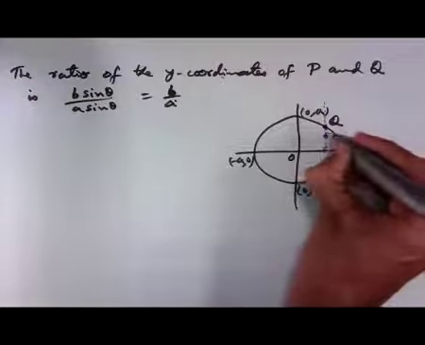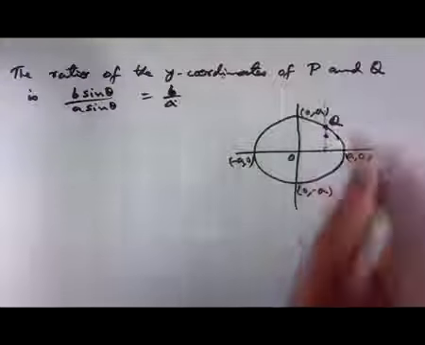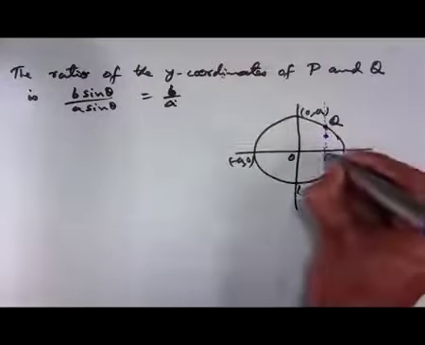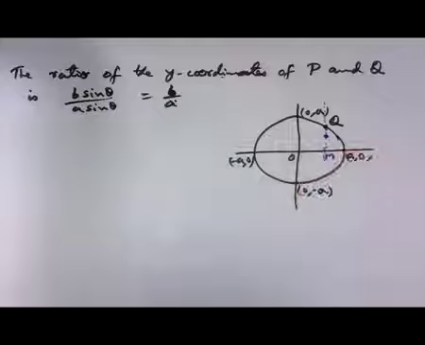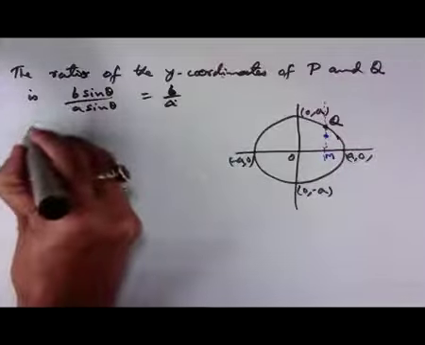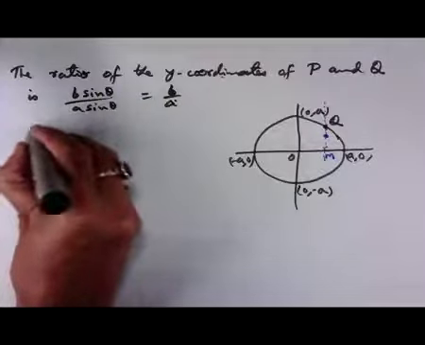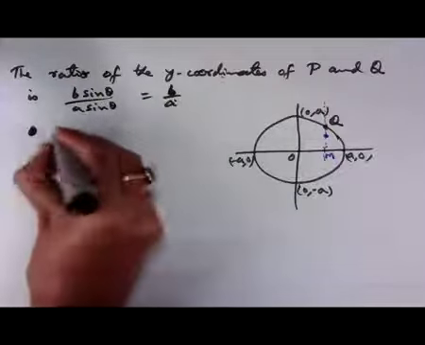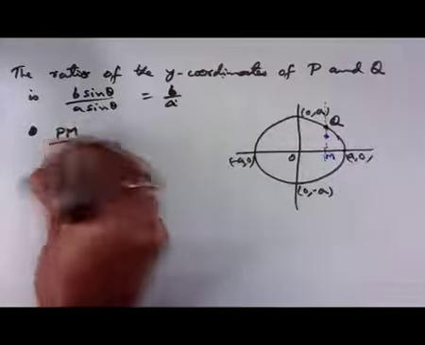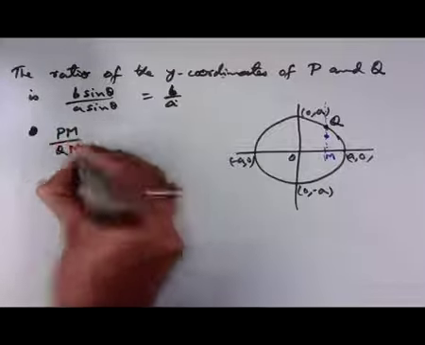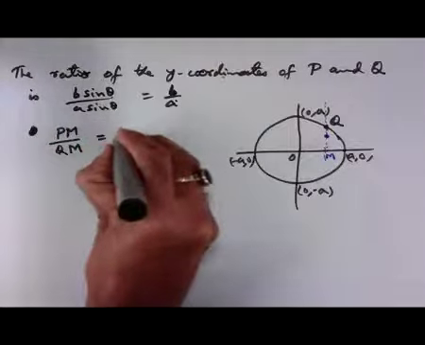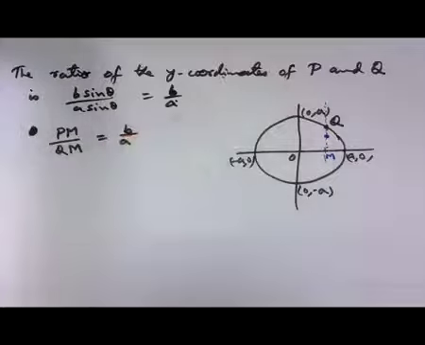This is such that the ratio. So, if I call this M, then the ratio PM divided by QM is equal to b by a.